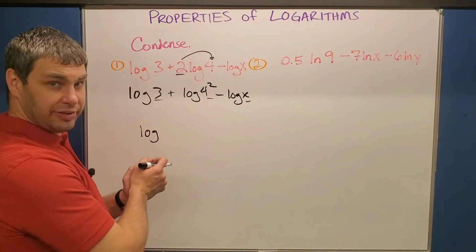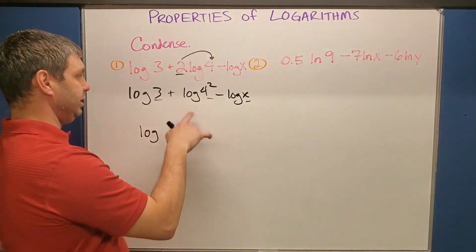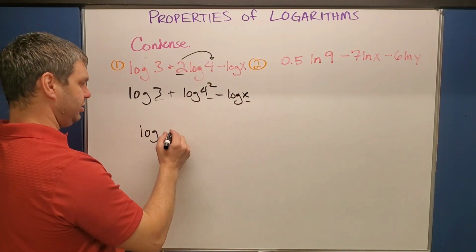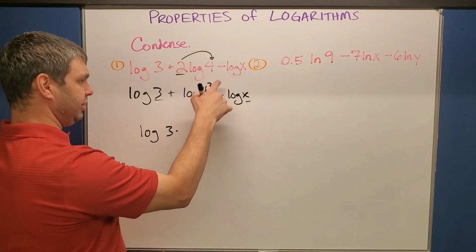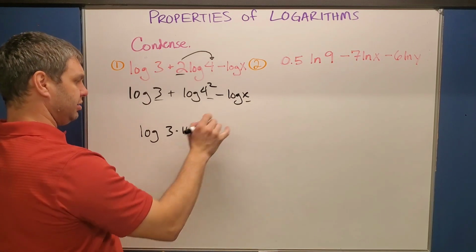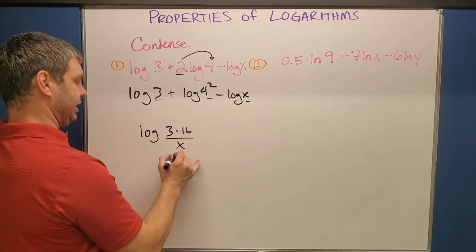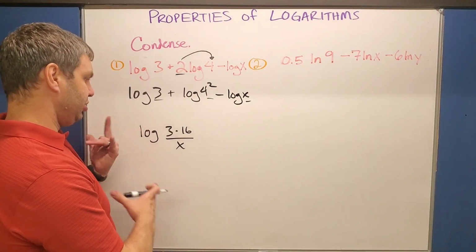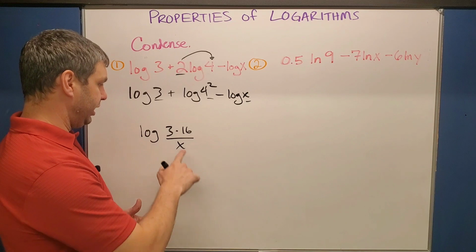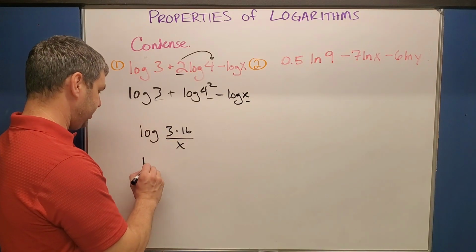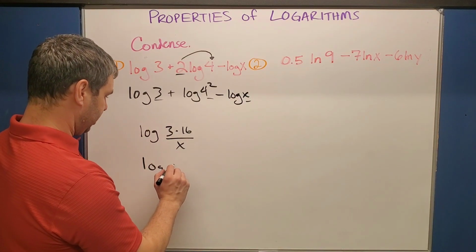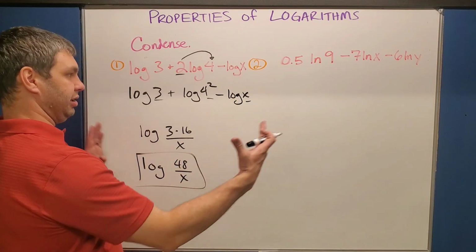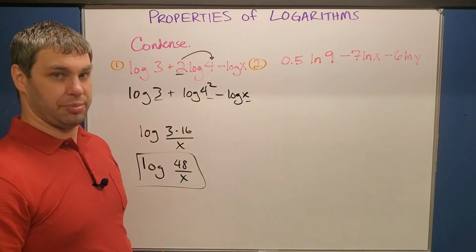If I do all of that at once, 3 times 4 squared, well, 4 squared is of course 16, and this would all be divided by an x. Our goal is to get down to just one log, and once I have that, make sure the rest is simplified. I can do one more thing here: 3 times 16 is of course 48. So this is going to be log of 48 over x, my answer, the condensed form of that part up there in red.